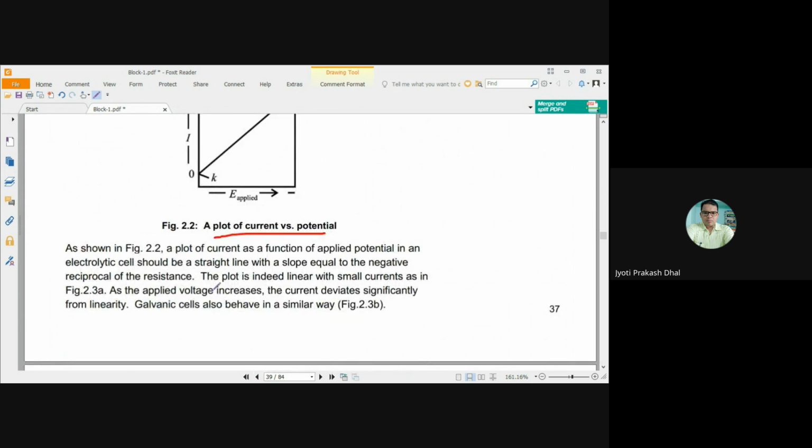This figure shows that a plot of current as a function of applied potential in an electrolytic cell should be a straight line having a negative slope.